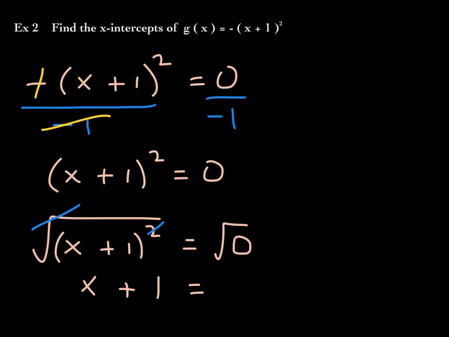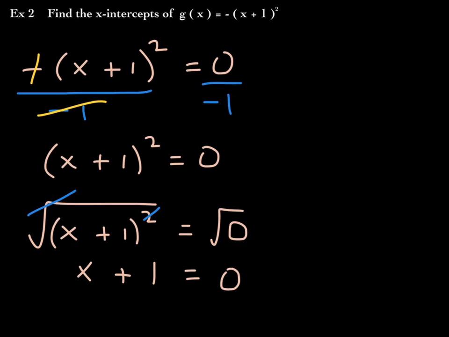Well, that just means it's 0, because 0 squared is 0. Now, once I subtract 1 from both sides, I get x is equal to negative 1. Notice you only have one solution for x.